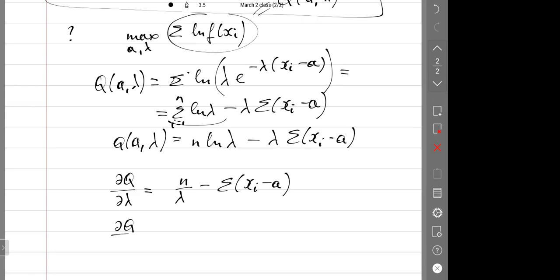Then dq dA is minus lambda multiplied by n. I think it's plus. Yeah, plus n lambda. What else?